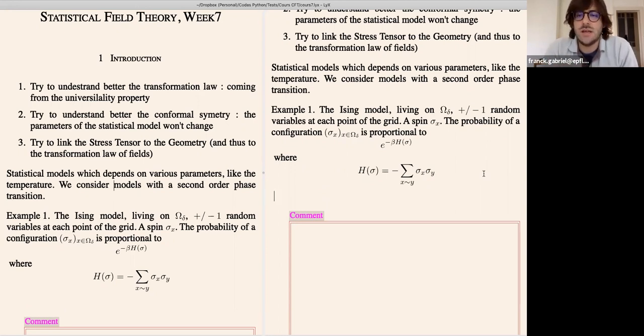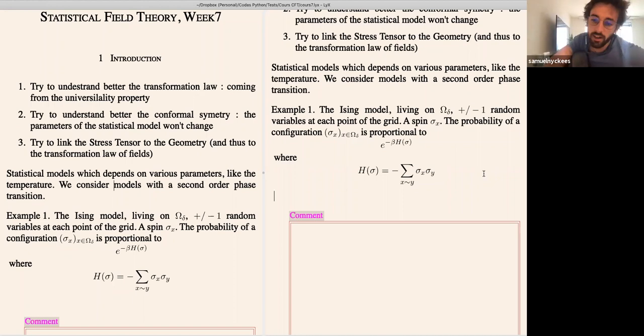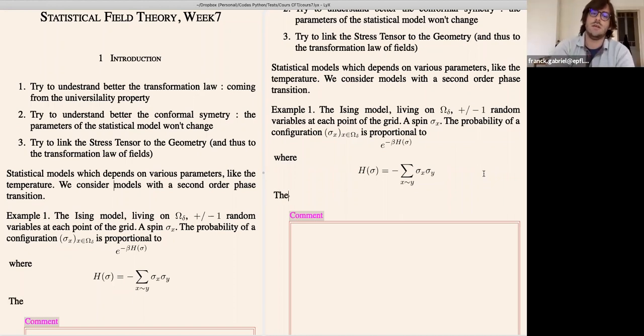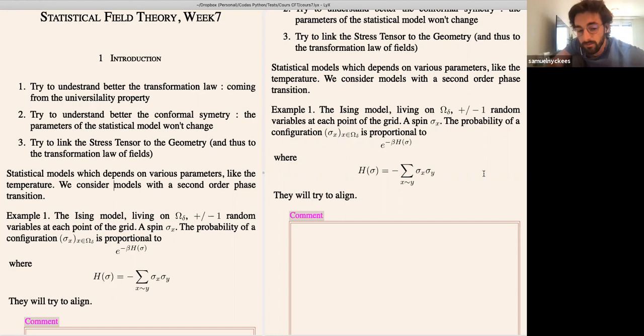Can somebody tell me what kind of configuration is going to happen more? They're going to align themselves. So they tend to align, they will try to align.